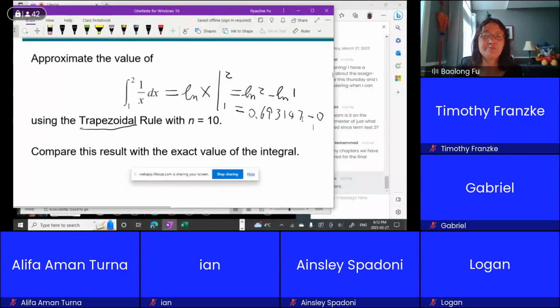We can find it because we know the antiderivative function. But sometimes you do not know the antiderivative function. So this example illustrates how to use the trapezoid rule to get an estimate of this integral.